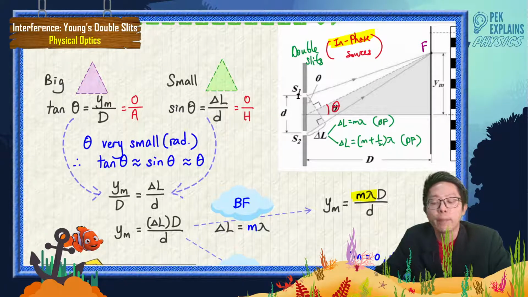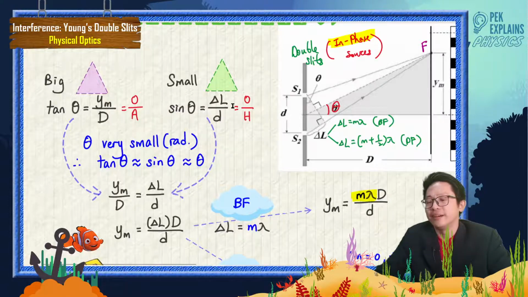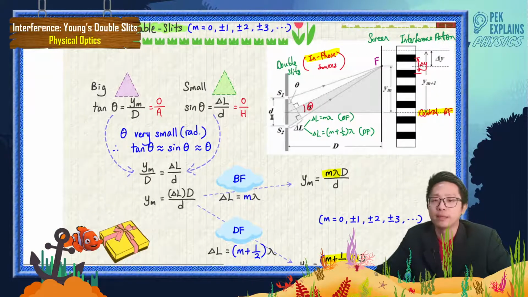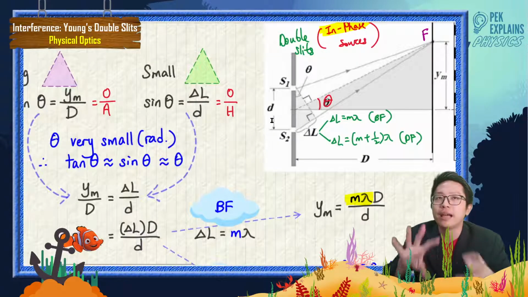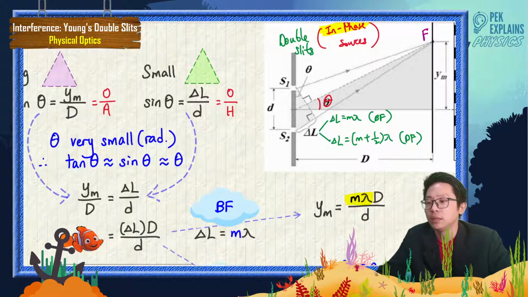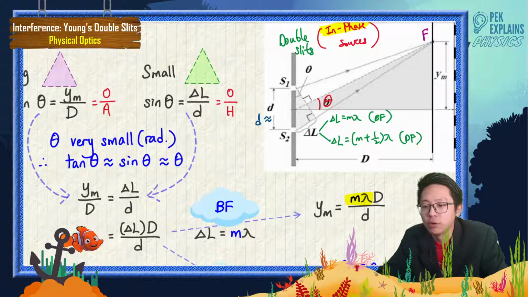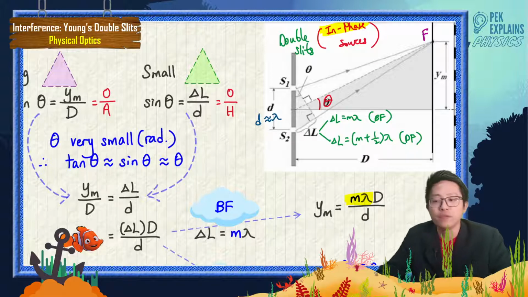Because we are comparing between the small d and the big D. Small d, you learned before about interference pattern. In order to have a nice stable interference pattern, the condition is this small d needs to be almost equal to the wavelength. That means, how long is a wavelength? Wavelength is very small.